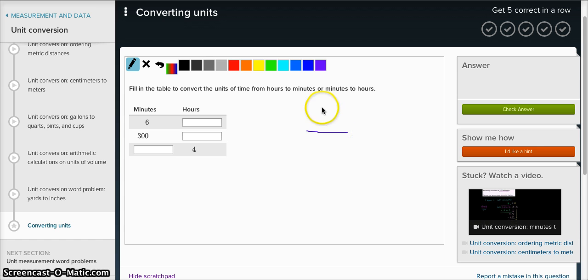If you have a fraction and the numerator, the number up top, is equal to the denominator, then you know that equals 1. I can do this with units by saying 1 hour and 60 minutes, since those two are equal to each other, even though the numbers are different and the units are also different.